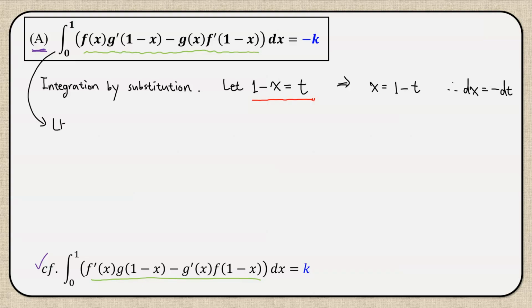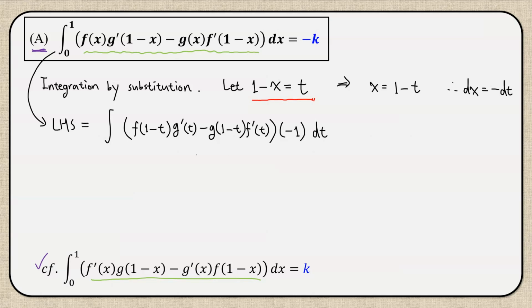Then the left-hand side of this integral can be written as the integral of f(1-t)g'(t) minus g(1-t)f'(t) times negative 1 dt, and the interval of integration becomes from 1 to 0. Here, by eliminating this negative 1, we can convert the interval back to from 0 to 1. Also, let us take the minus sign to the front.